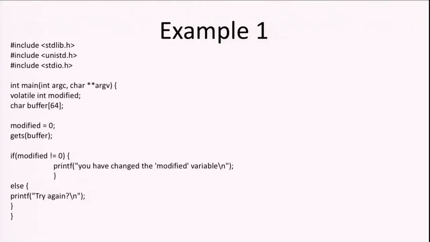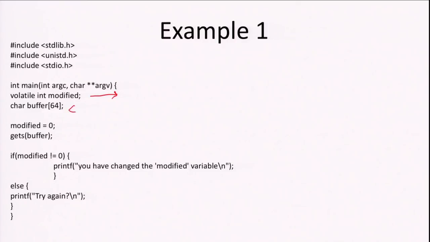So let's first look at a very simple example. Here is a C code, and in it I have only a main, and in the main I have 2 variables. The first one is an integer variable called modified, declared as volatile. The reason it is declared as volatile is that a volatile variable is not allocated to a register, it's allocated in the program stack.